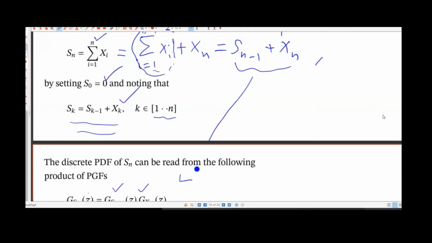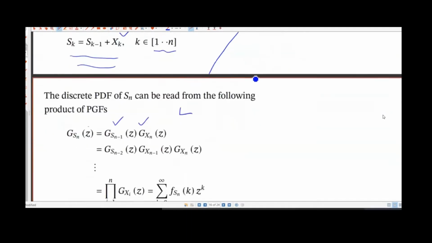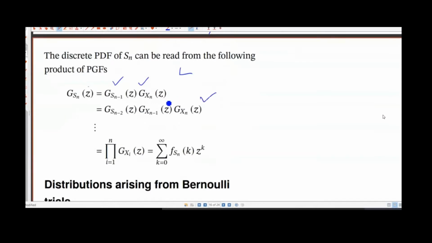तो S का PGF और X का PGF, फिर आप इस तरह छोड़ो कि ये तो end पे आ गया. अब Sn-1 को ब्रेक करो तो फिर इन दो का प्रोडक्ट, और you can move on. At the end you will have the product of all PGFs basically.